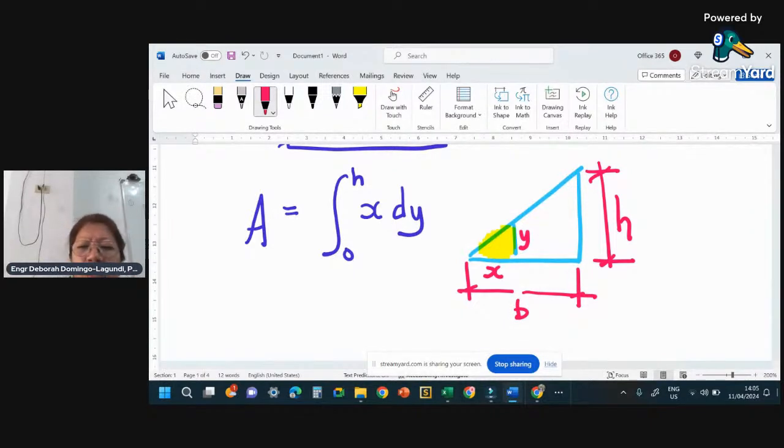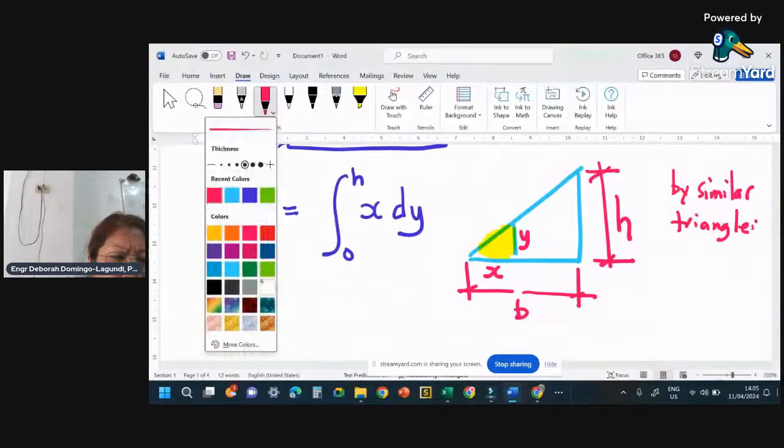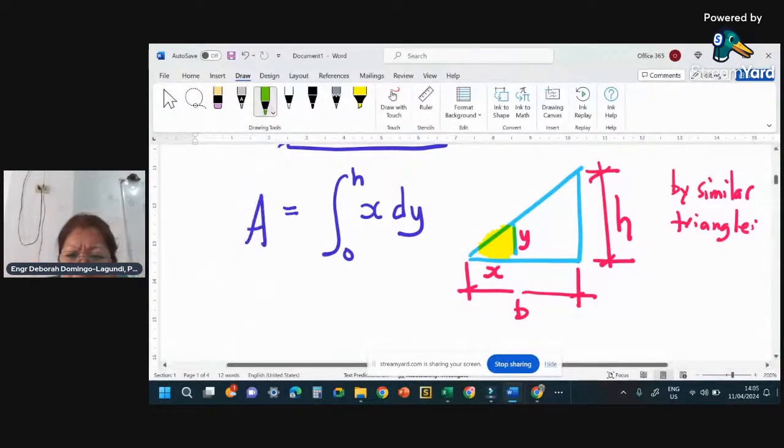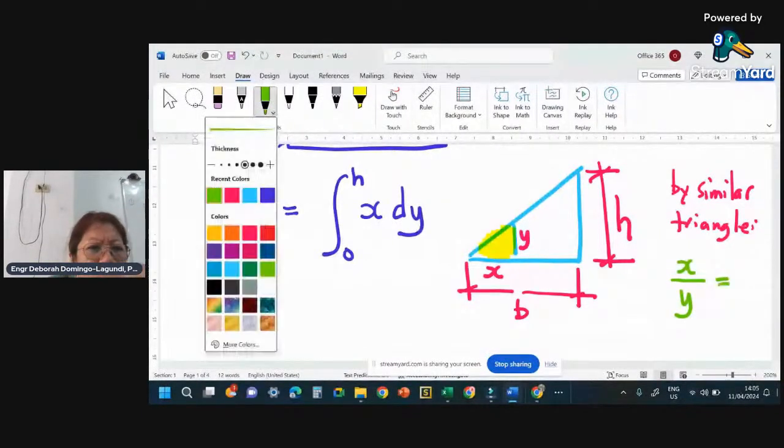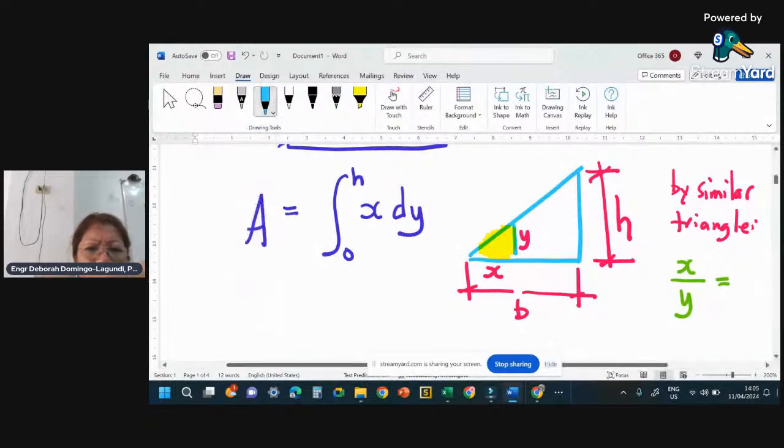All right. Let's do it by similar triangles. For the small one, I'll use another color, say green. The x, or the base, is to the height of the small triangle as the big triangle's base is over its height.